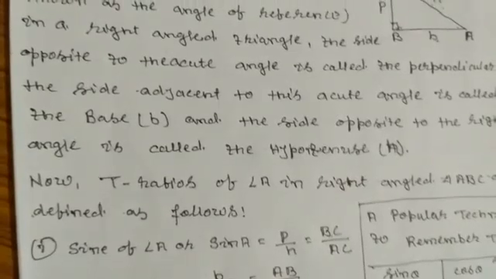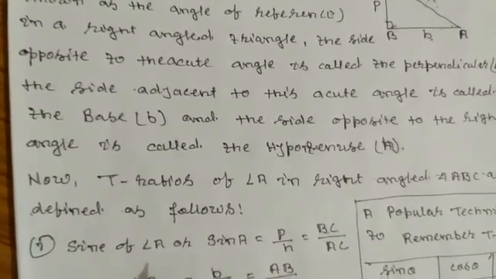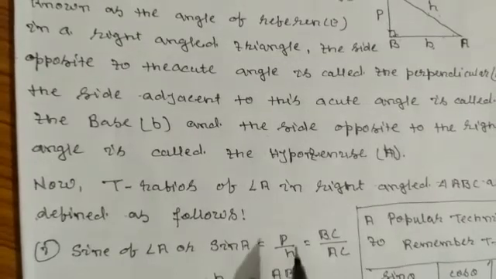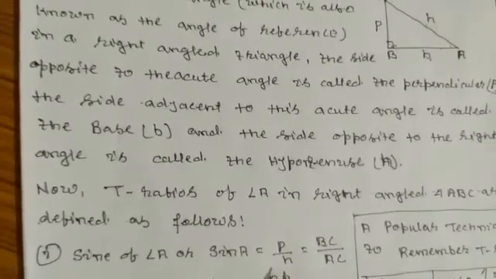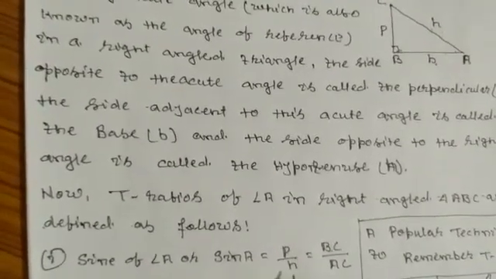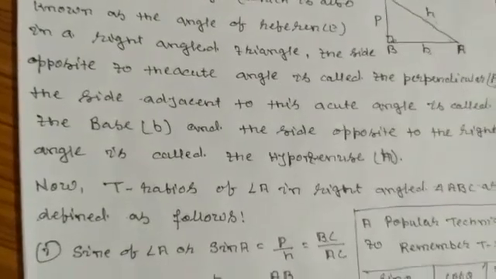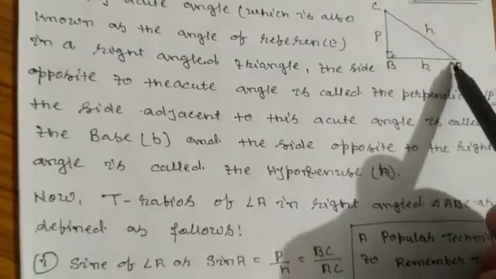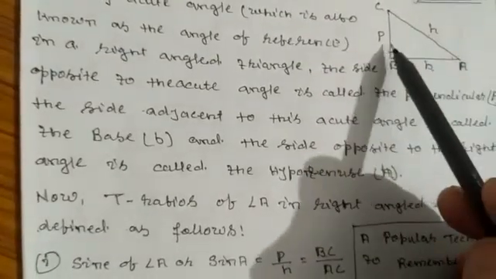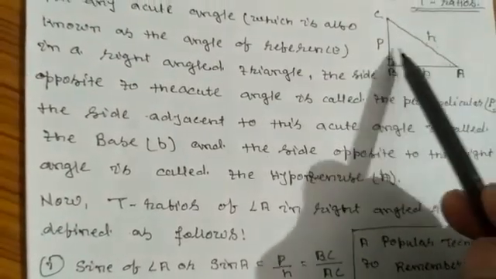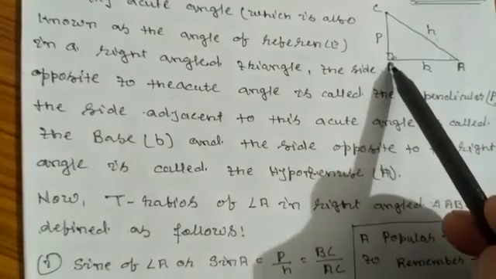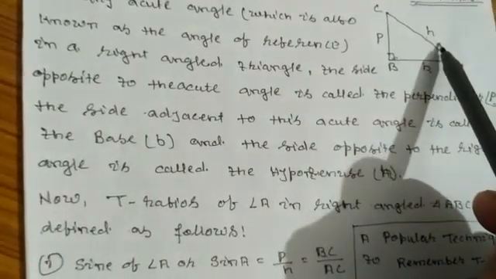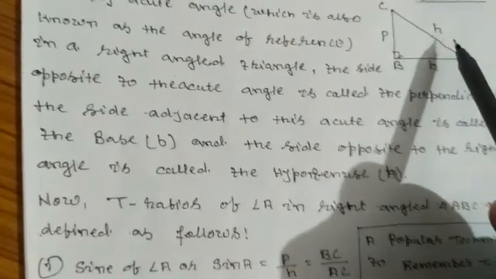So either you may take sine of angle A, or sine A equals P by H, that is perpendicular by hypotenuse. Now for angle A, you can see that the side opposite to the acute angle is taken as perpendicular and the longest side is always taken as hypotenuse.